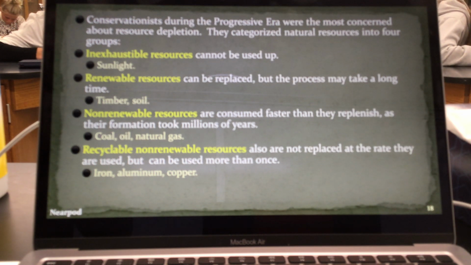Then you have your non-renewable resources that are consumed at a much, much faster rate than they can be replenished. So your coal, your oil, your natural gases that are used for energy purposes. When our population is increasing as rapidly as it is, there's a much greater need for energy resources, right?